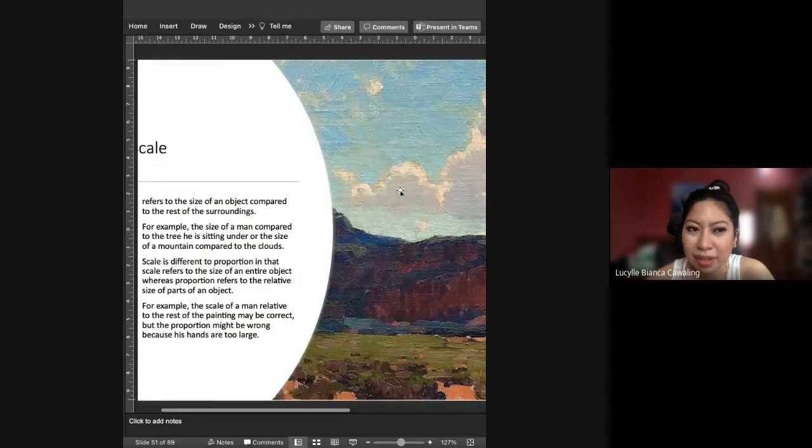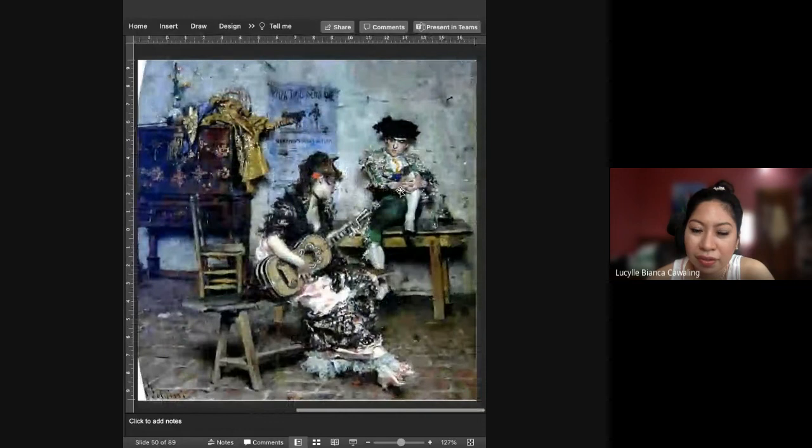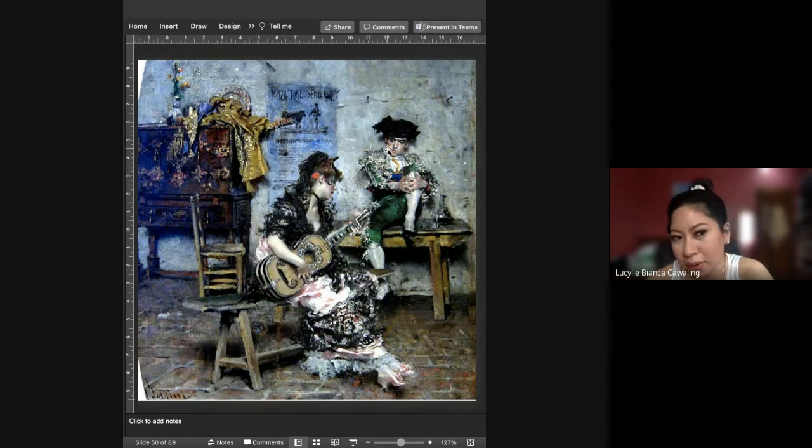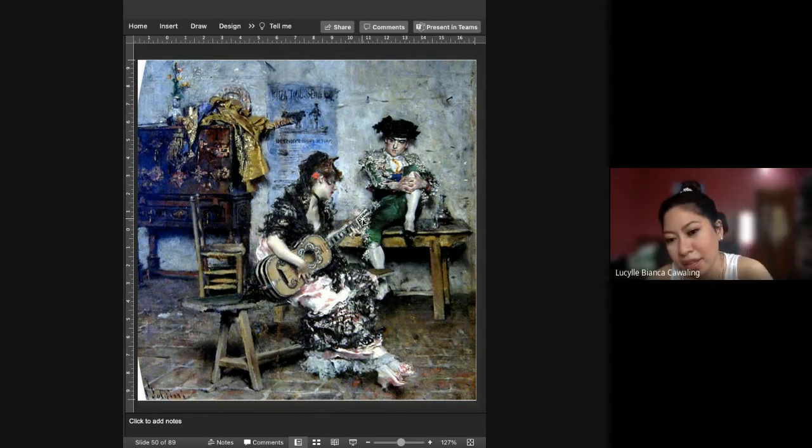So let's go back. For example, this one. The scale here is how big this person is compared to this one. This is bigger, this is smaller, right? That is the scale. Proportion is the relationship if you compare them.